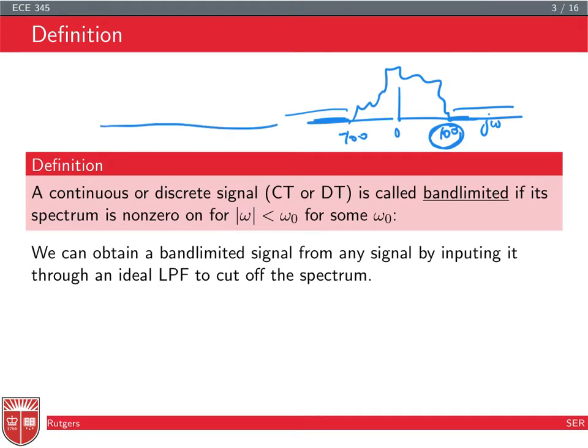Again, the shape of the spectrum can be anything. Usually we will take it to be a triangle, just to take a general shape, but it can be anything. And the motivation here is that many signals that we have to deal with in engineering applications are band-limited, such as a recorded audio or a video or a recorded song.